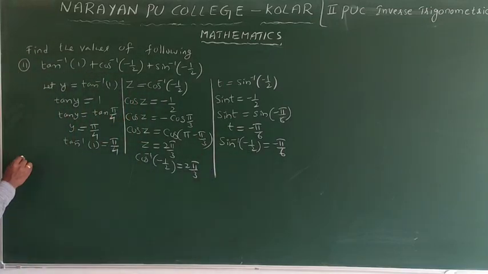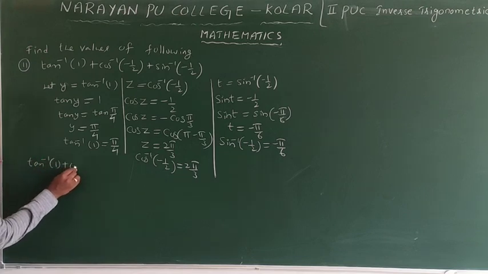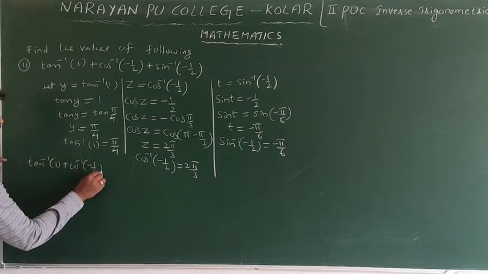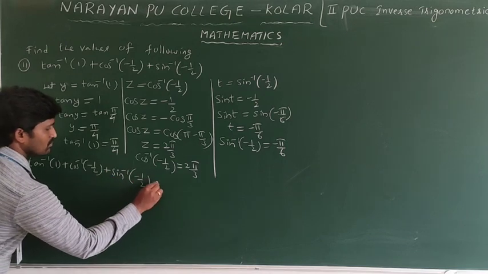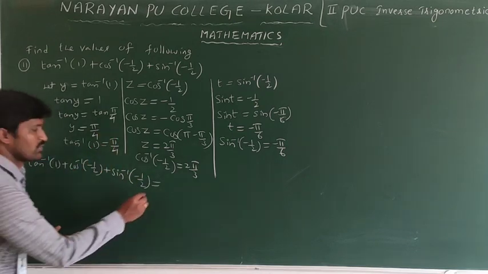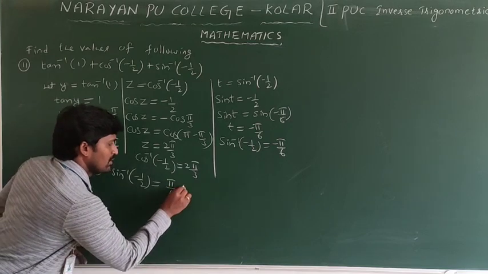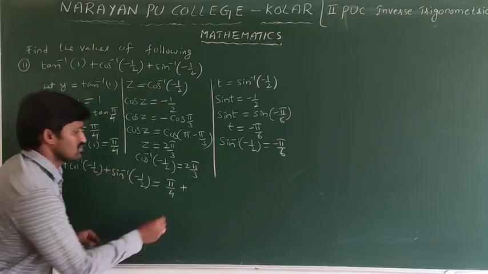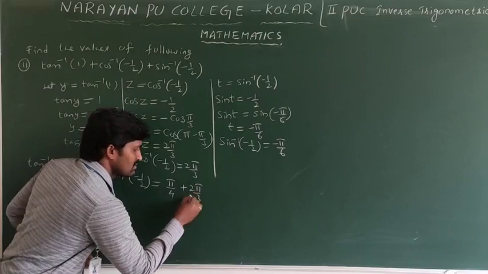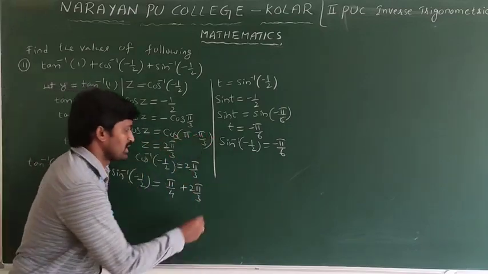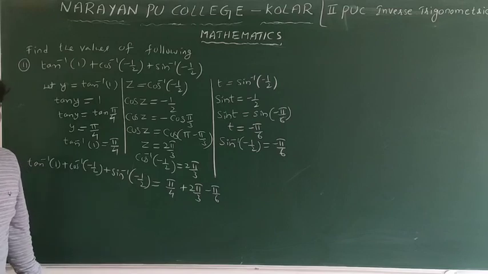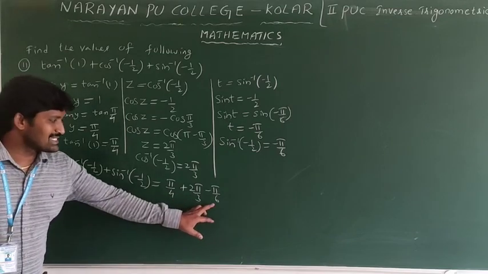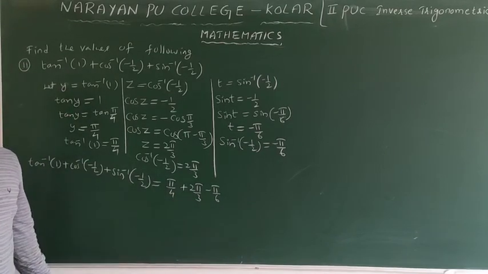Now coming to the complete value: tan inverse of 1 plus cos inverse of minus 1 by 2 plus sin inverse of minus 1 by 2. Tan inverse of 1, how much we got? Pi by 4. Plus cos inverse of minus 1 by 2 we got 2 pi by 3. Sin inverse of minus 1 by 2 we got minus pi by 6. Now here for 4, 3, 6, what is the LCM?